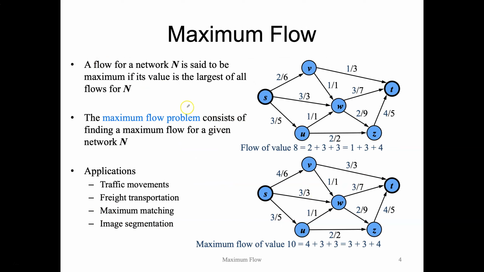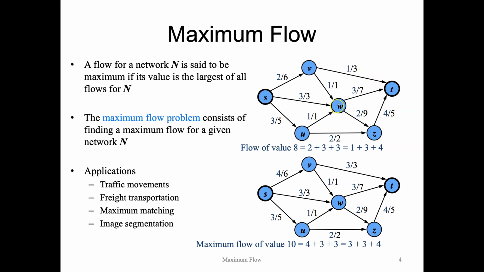So for a flow network, this flow is said to be maximum if its value is the largest of all possible flows. So for example, here is an example of a flow assignment set to this network. The flow value of this is 8, so this is how much is coming out of the source. This is also how much is going into the sink.